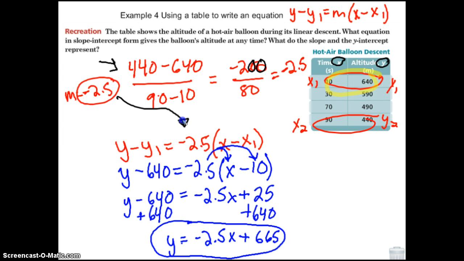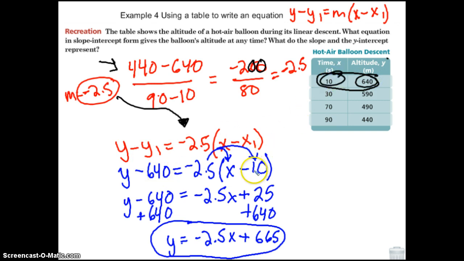I plugged it into my point slope form, and I picked a point, and just like I said before, I picked this point because 10 is an easy number to multiply. So I plugged in my 640 for y1, I plugged in my 10 for my x1, and I solved for y by distributing the negative 2.5 to the x and the negative 2.5 to the negative 10.